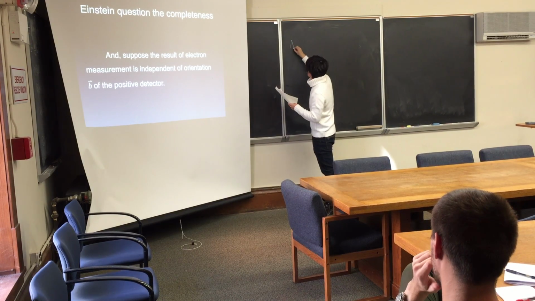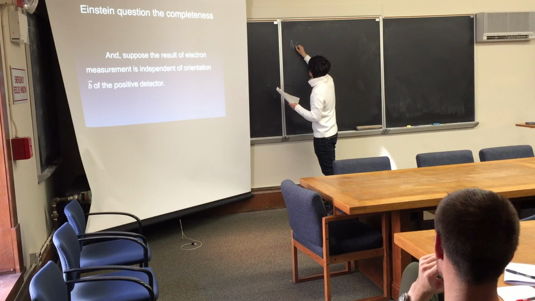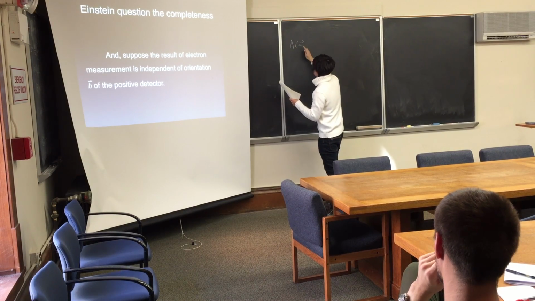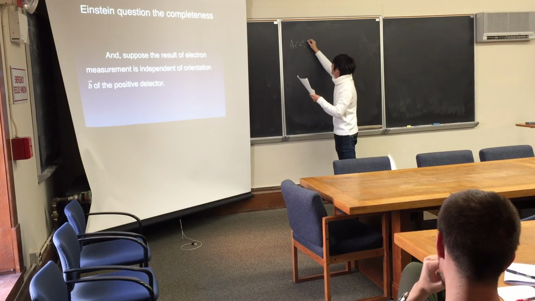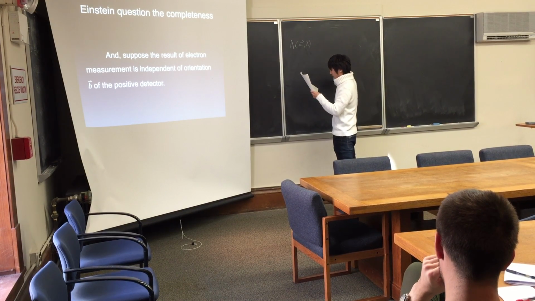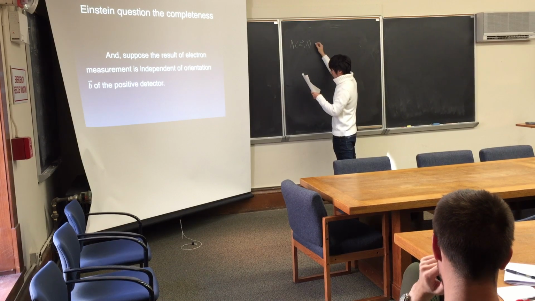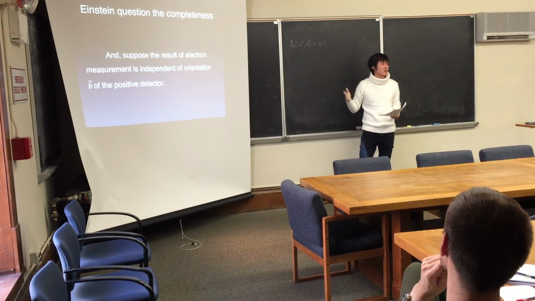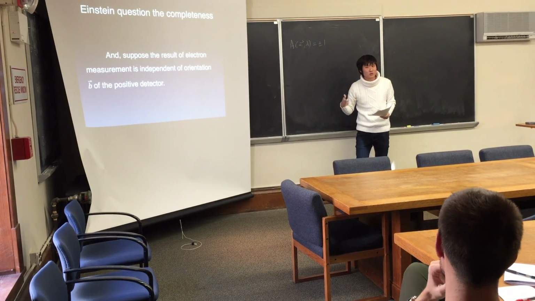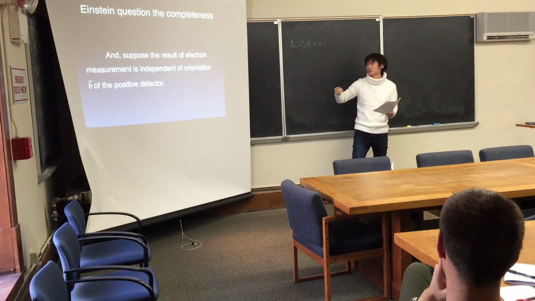Suppose there is a function A, and it depends on the direction of your measurement and the local hidden variable. It must be positive or negative one, meaning the experimental result must be spin up or spin down.